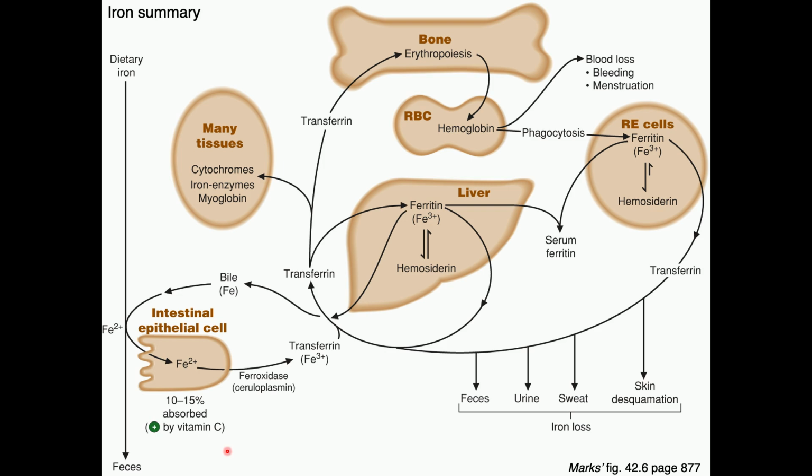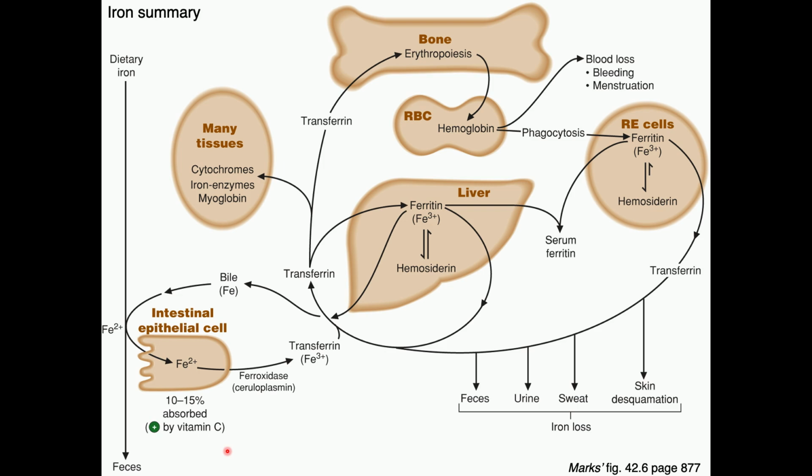Okay, so one consequence of this is that if you get a condition of hemochromatosis or excess iron, you're going to have that excess iron until you do a phlebotomy or a chelation or something to get rid of it, because these processes are slow.